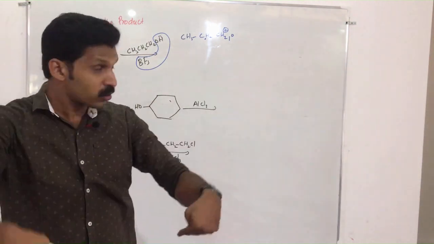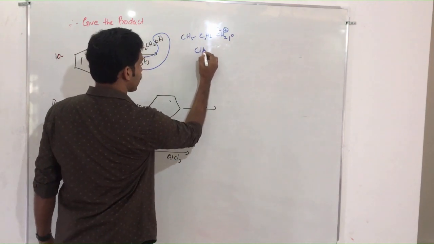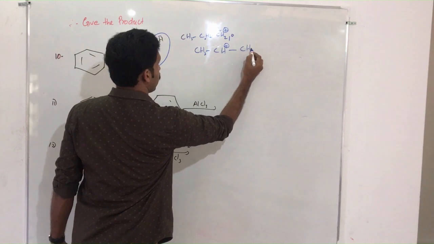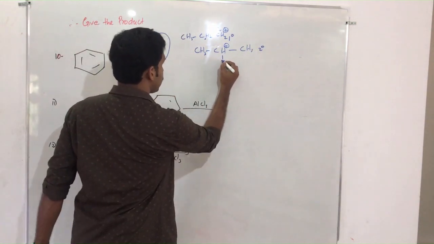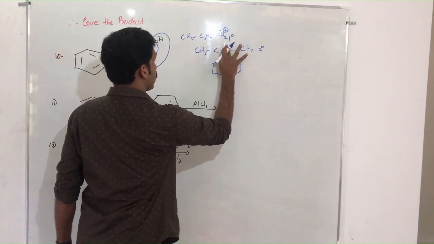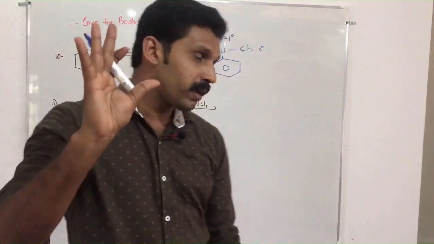What happens is that this H goes to here, and you will get CH3CH+CH3. This is a secondary carbocation. This secondary carbocation attacks the benzene ring, and you will get this answer. This is a very famous answer, which we call cumene.